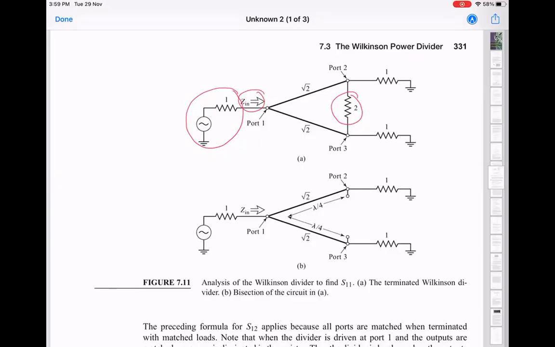So now it simplifies, and it's very easy because you have two parallel paths of 1 ohm with a λ/4 transformer of characteristic impedance √2. So what's going to be the input impedance here for one of the paths?